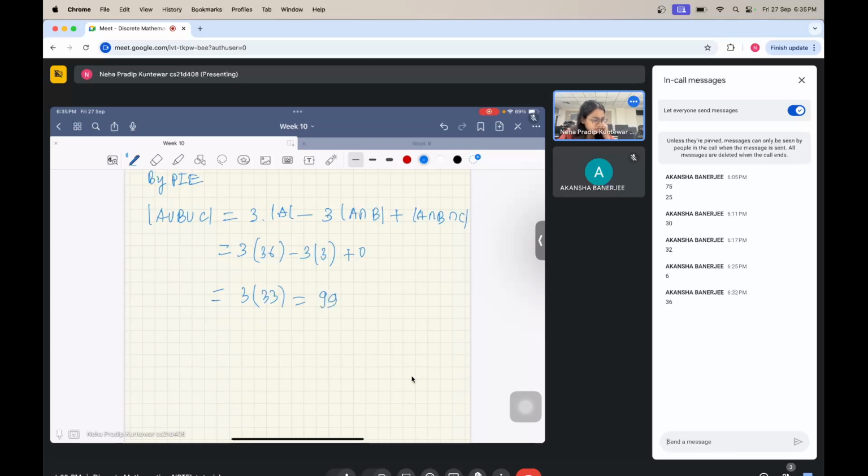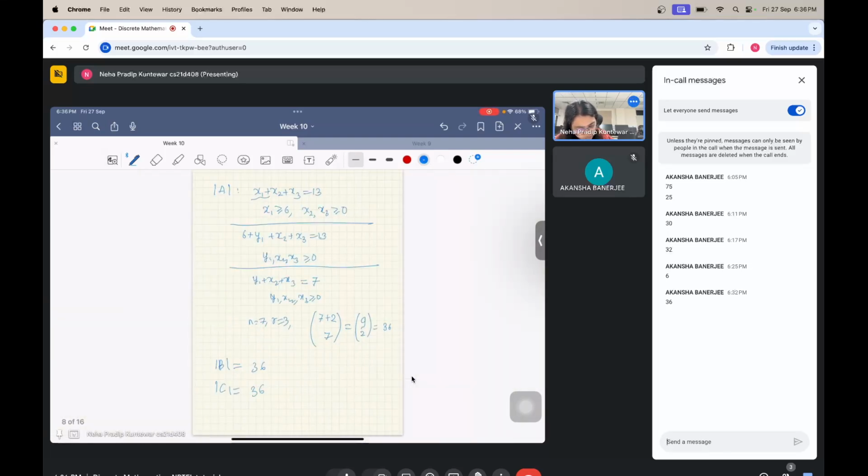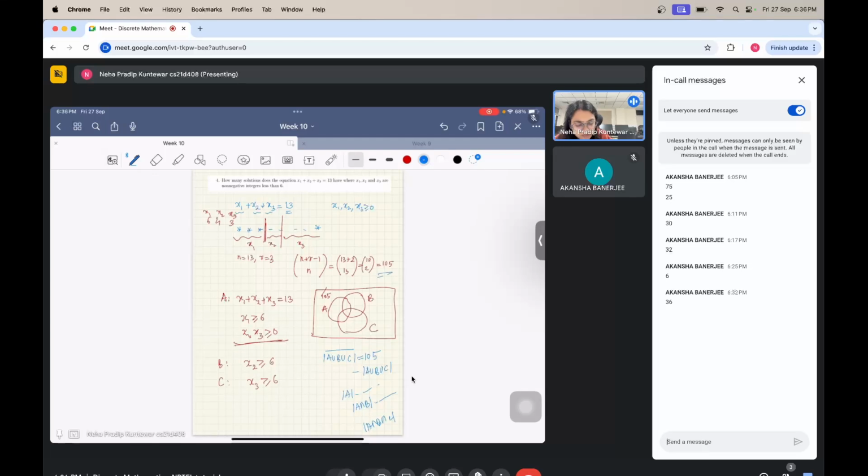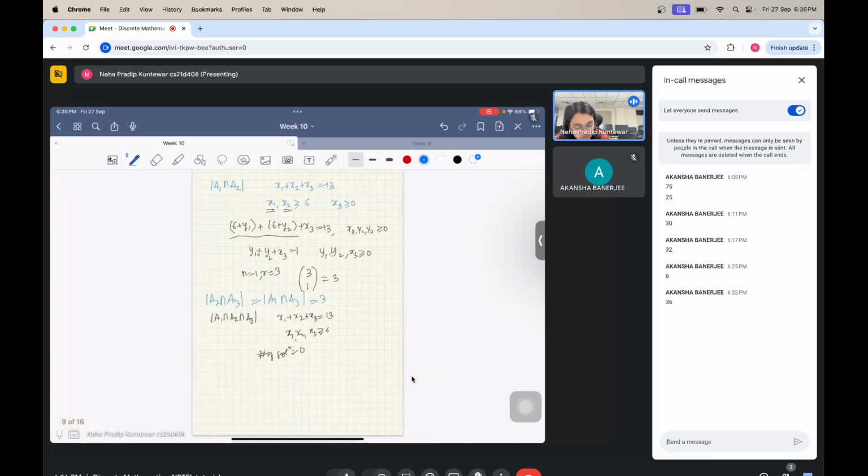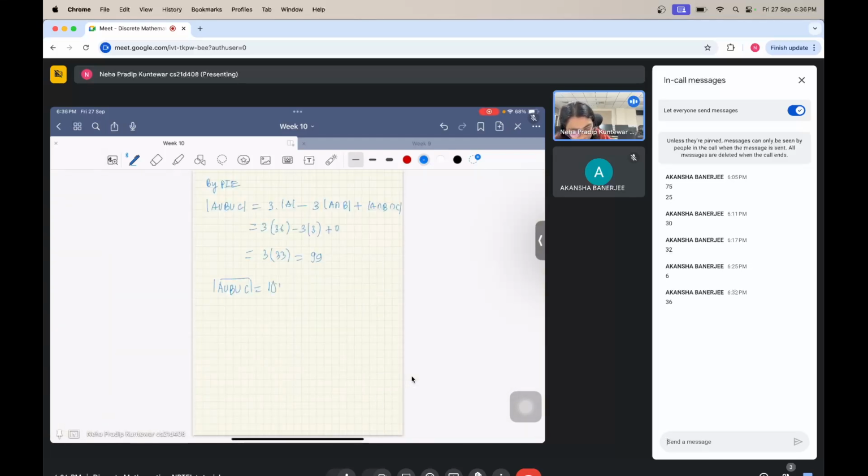And now you subtract this, so essentially you are interested in finding this, and the total number of solutions for this was 105, and you have A union B union C as 99, so this happens to be 6, like you pointed.